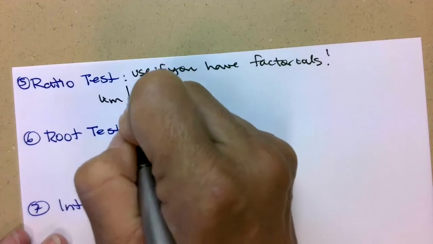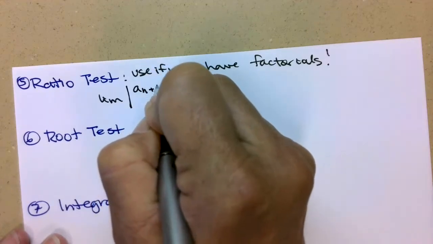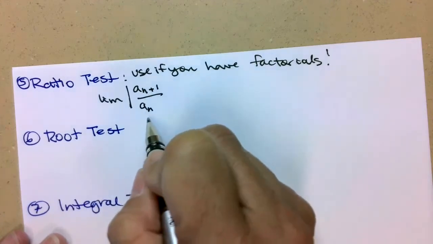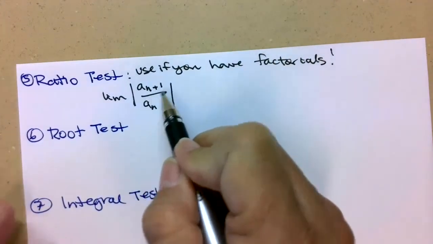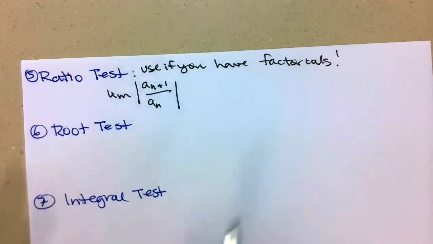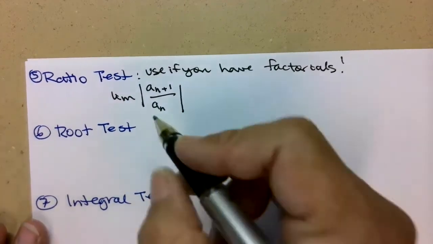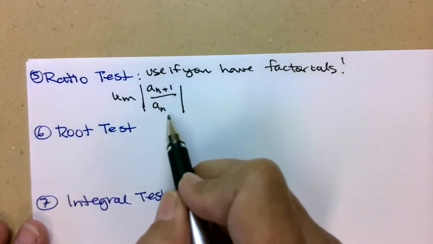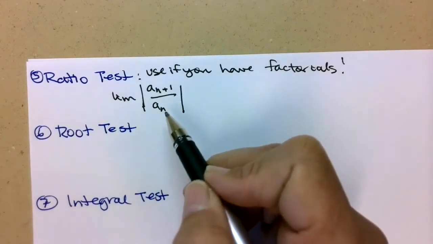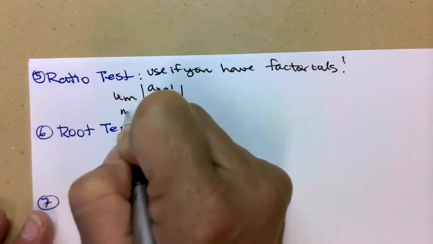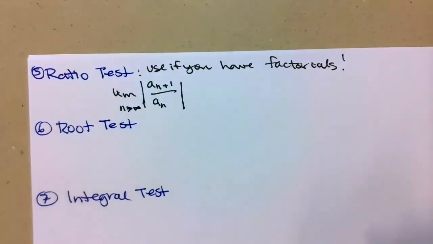So the limit, and now it's the absolute value of a sub n plus 1 over the absolute value of the a sub n term. So you're just going to take that series that you have and you're going to write the formula with n plus 1 in place of all of the n's, and then divide that by, or usually multiply by the reciprocal of, the term that you're given, that generic a sub n term. You're going to do some algebra and you're going to take that limit for big n's.